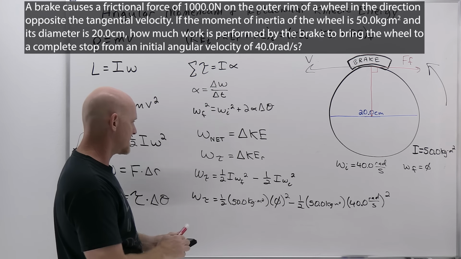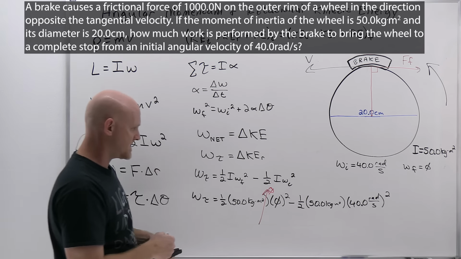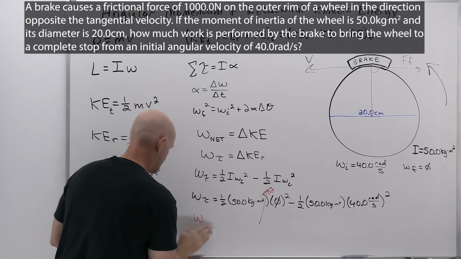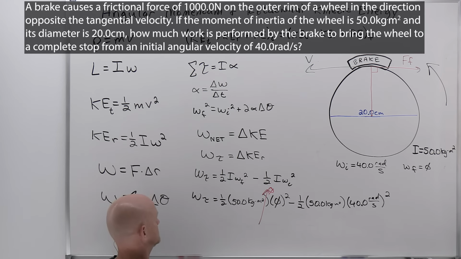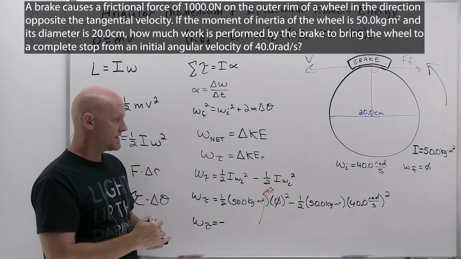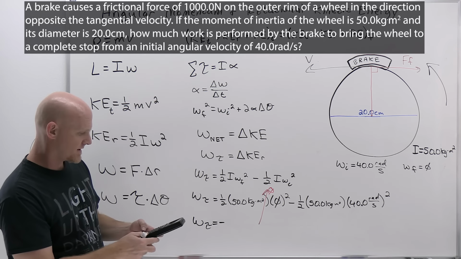That first term again goes to 0. But that second term, we can see the work is going to come out negative here, and that makes sense. The kinetic energy is going down to 0, so the work should be negative. It's a reduction in kinetic energy.